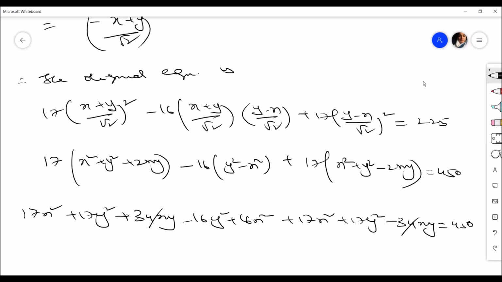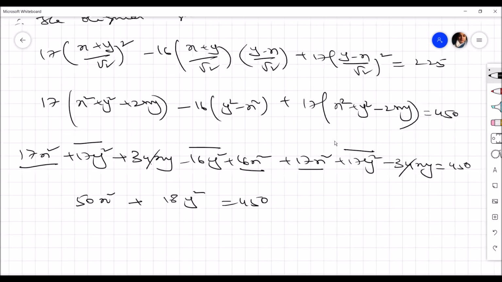Let's check the terms that are left over. 17x square plus 16x square plus 17x square is nothing but 50x square. Then 17y square minus 16y square plus 17y square. Clear? So that is plus 18y square is equal to 450.